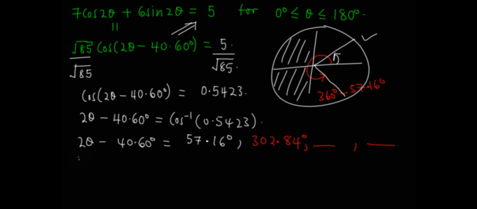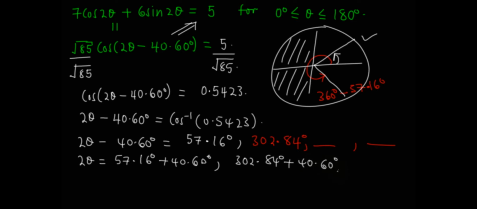We are going to say 2θ is equal to, we add 40.60 degrees on these angles, so 57.16 degrees plus 40.60 degrees, and then 302.84 degrees plus 40.60 degrees, and other angles.